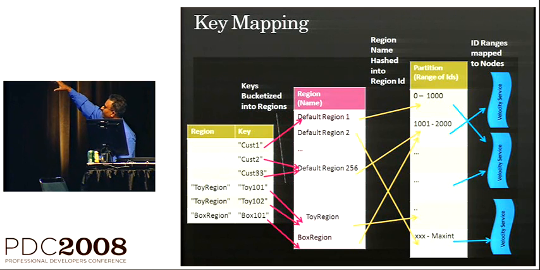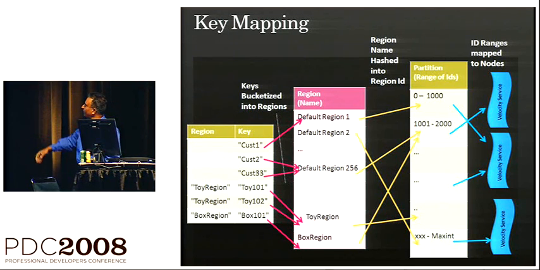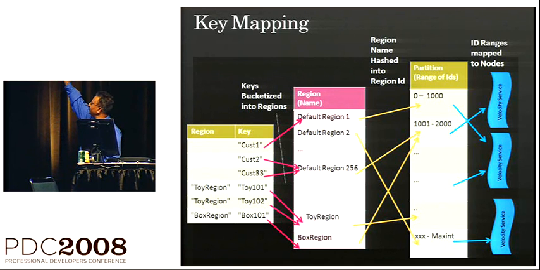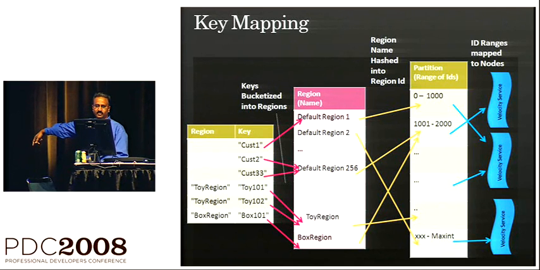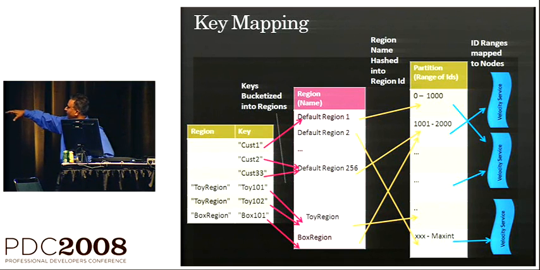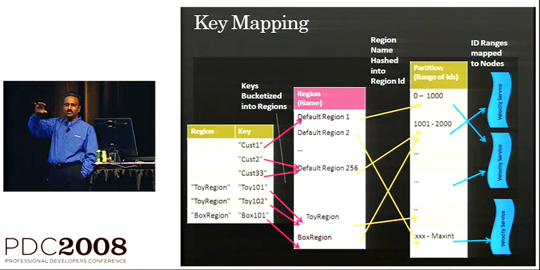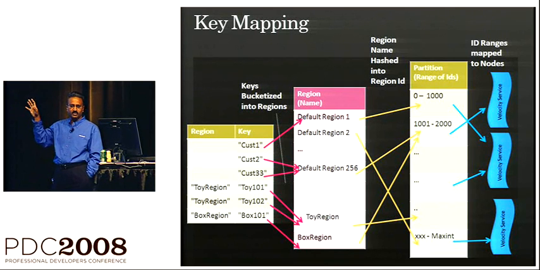So ID 0 to 100 is partition 1, and you put that in the partition table, and each of these partitions is mapped to a different cache service. As long as you have the partition information available in all these nodes, they can route the requests. That's pretty much it.